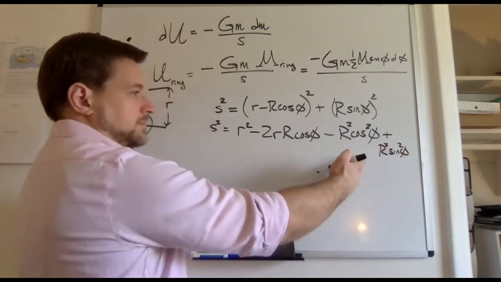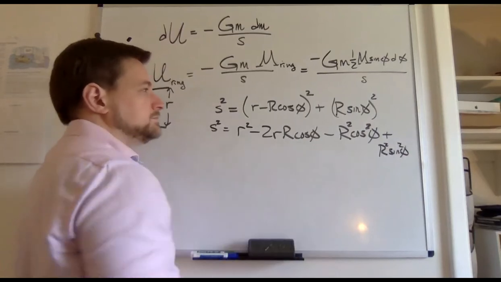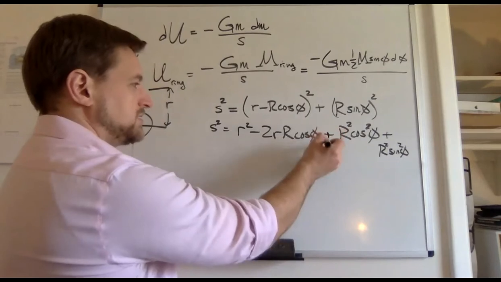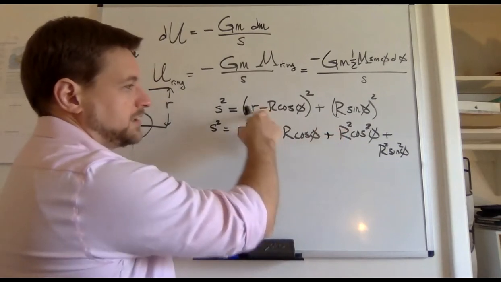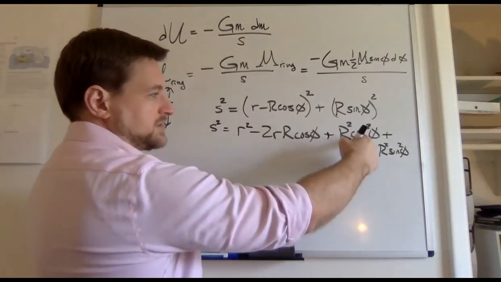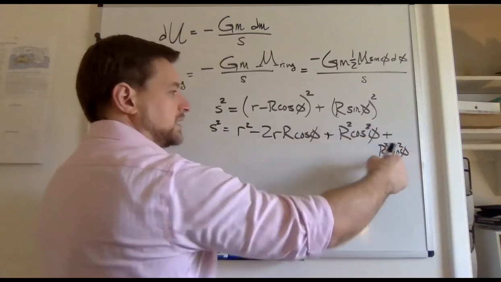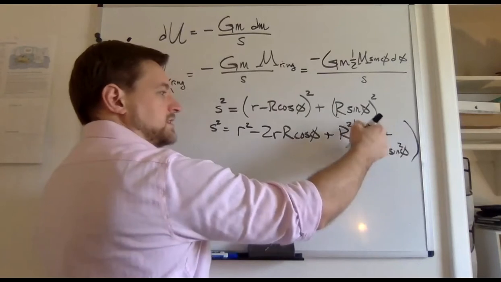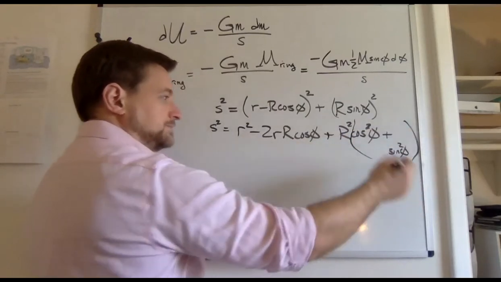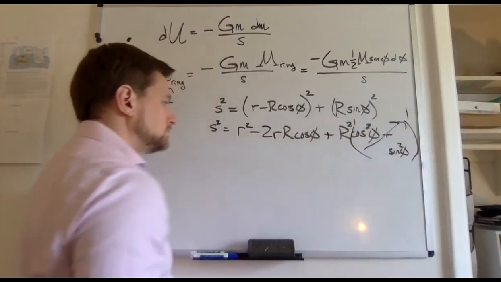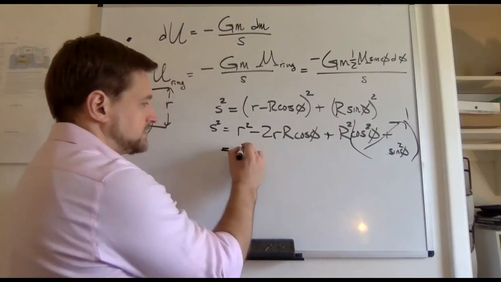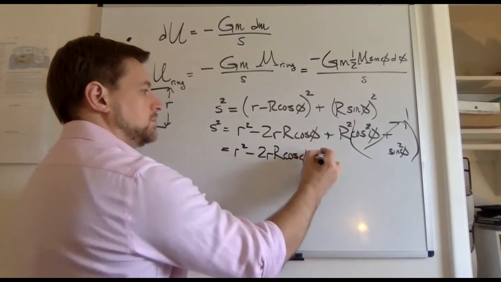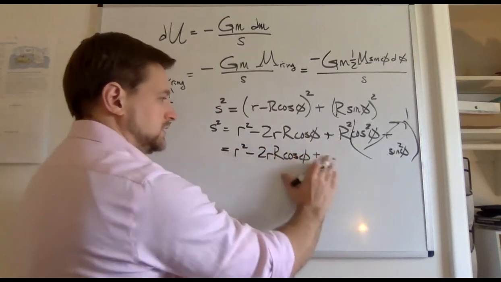So this is plus because we're squaring the negative. And then we've got r squared cosine squared plus r squared sine squared. Let's factor out the r squared. And then we've got cosine squared plus sine squared, which is just 1. All right, so r squared minus 2r cos phi plus 1. No, r squared.